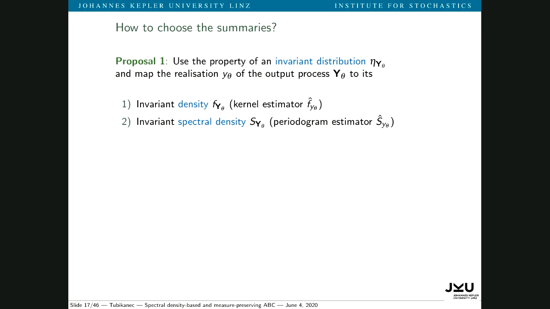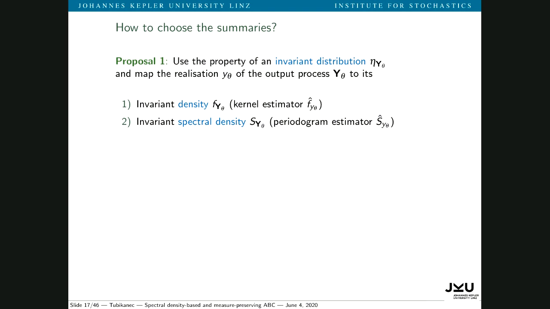The latter is the Fourier transformation of the autocovariance function, and it allows you to change from time to frequency domain. Okay, but how should we understand this setting?